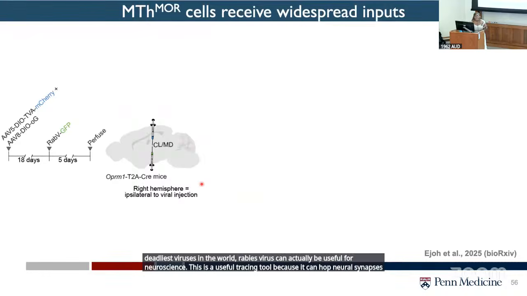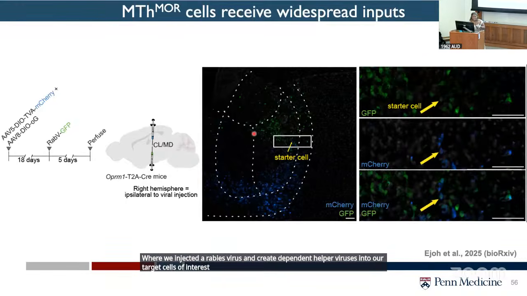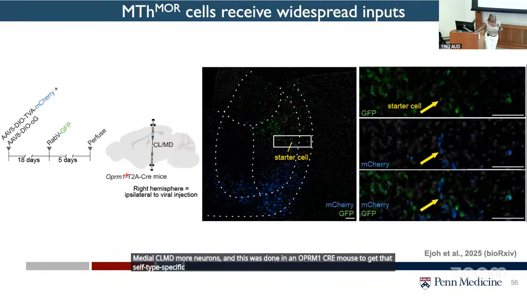So we used a modified rabies virus strategy where we injected a rabies virus and Cre-dependent helper viruses into our target cells of interest, medial CLMD Mu-opioid receptor neurons. And this was done in an OPRM1 Cre mouse to get that cell type specific connectivity. The OPRM1 Cre mouse was developed by my committee chair's lab, Dr. Julie Blendy. Thank you so much for that.